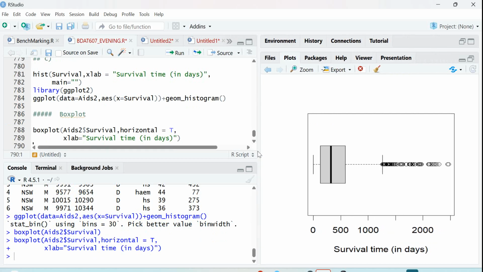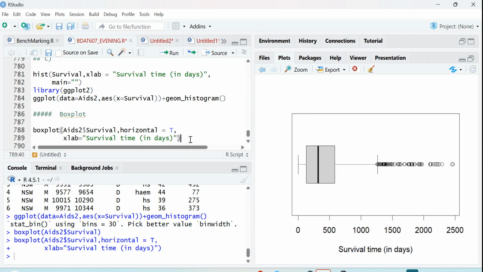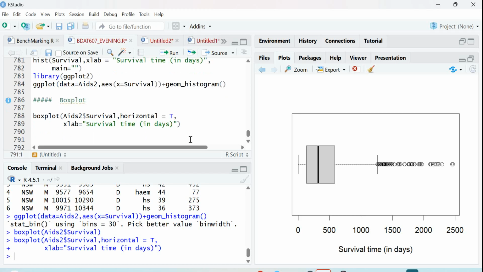So how can we do that in ggplot? We consider the same thing we did for the histogram, just that the geom should be geom box plot.